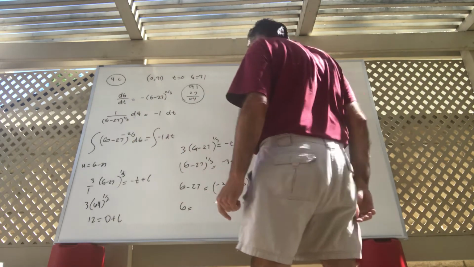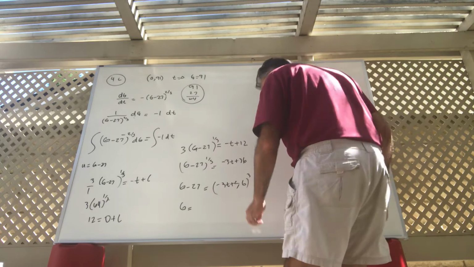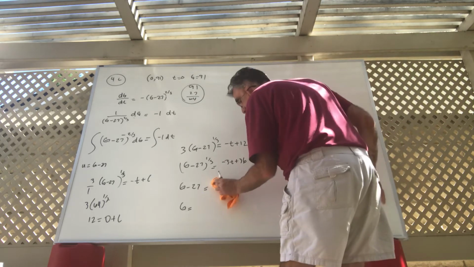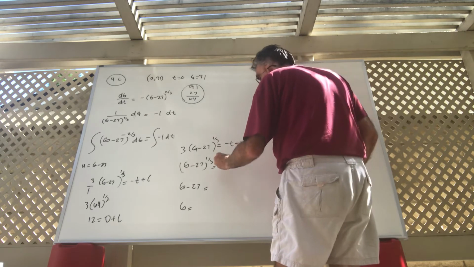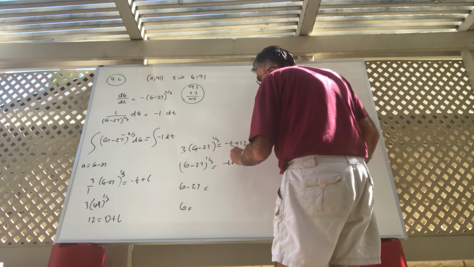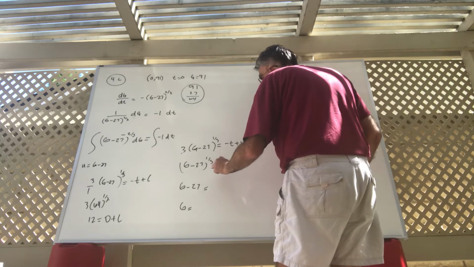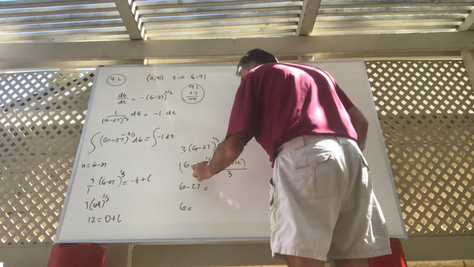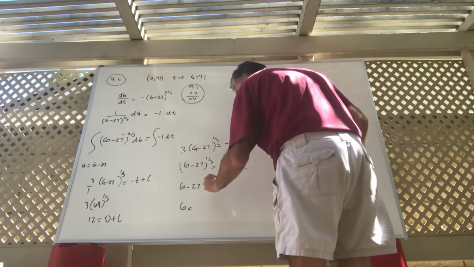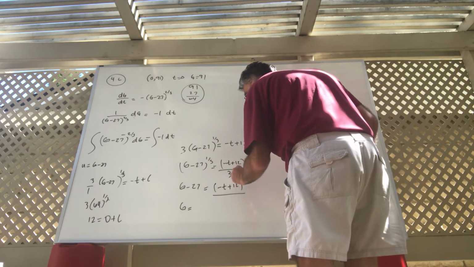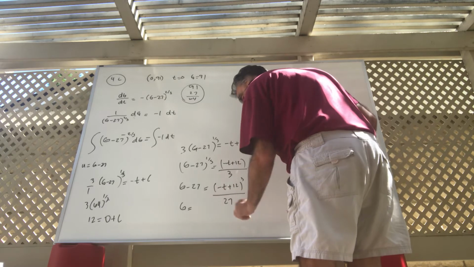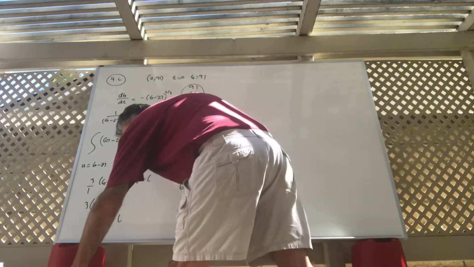Oh, duh. When I bring the 3 over here, I'm going to fix it right here. When you bring the 3 over, you're dividing. Sorry, had a little brain stall there. Divided by 3. And then when you raise to the 3rd power, you're going to get negative t plus 12 to the 3rd over 27.